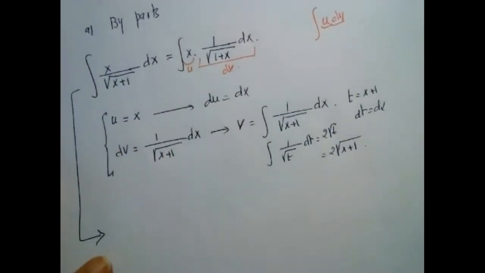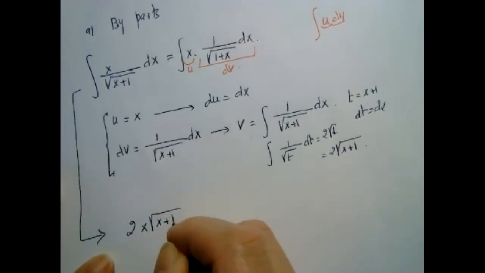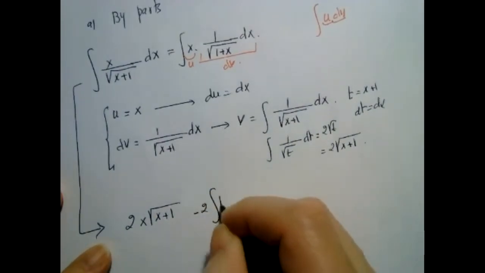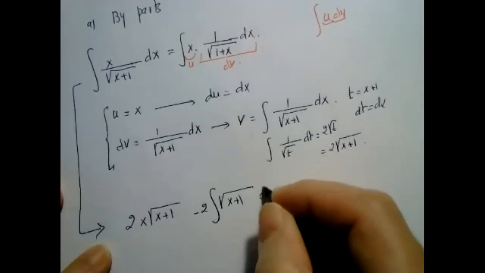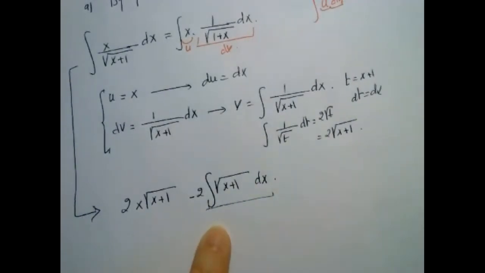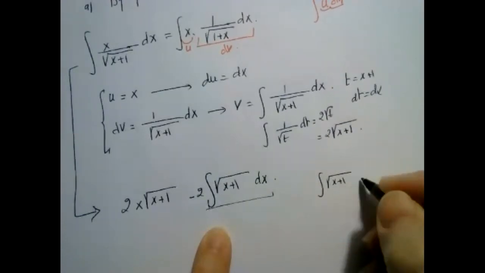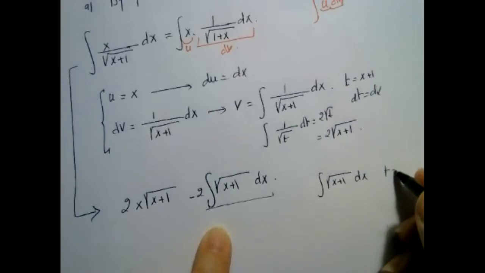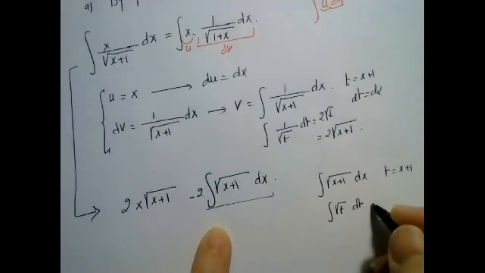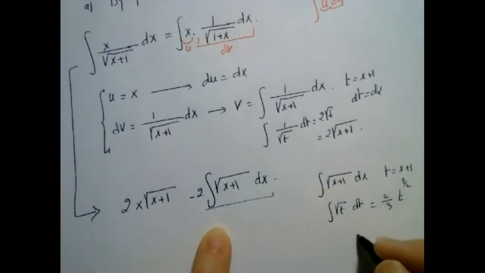And now I apply my formula verbatim. So it's uv, it means x times v, which is 2 square root of x plus 1, minus the integral of v du, 2 square root of x plus 1 dx. So it's not really bad. I'm still having to evaluate this, so I'm going to isolate that. Again, t is going to be x plus 1. This will be square root of t dt. This is going to give me 2/3 t to the power 3/2.